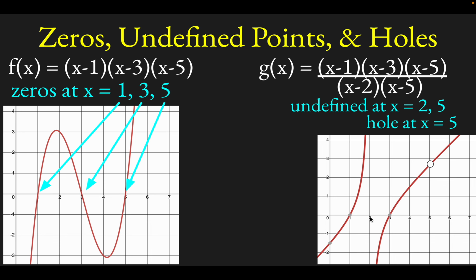So the function is undefined at x equals 2, but then also you have this hole up here at x equals 5, right? And notice that we have zeros at x equals 1 and x equals 3 because that will make the factors in the numerator go to 0. So there's the 0 at x equals 1, and there's the 0 at x equals 3, and that's from these two factors that appear in the numerator.